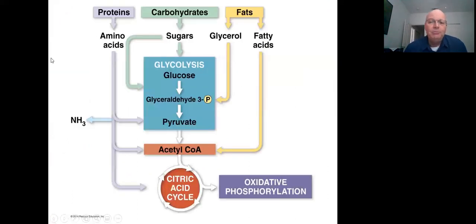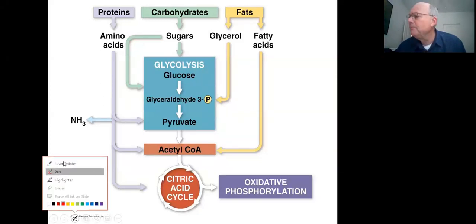So this diagram shows the way in which the different components of food are processed. So in the case of carbohydrates, any sugar that can be converted to either glucose or fructose can be processed directly through cell respiration.